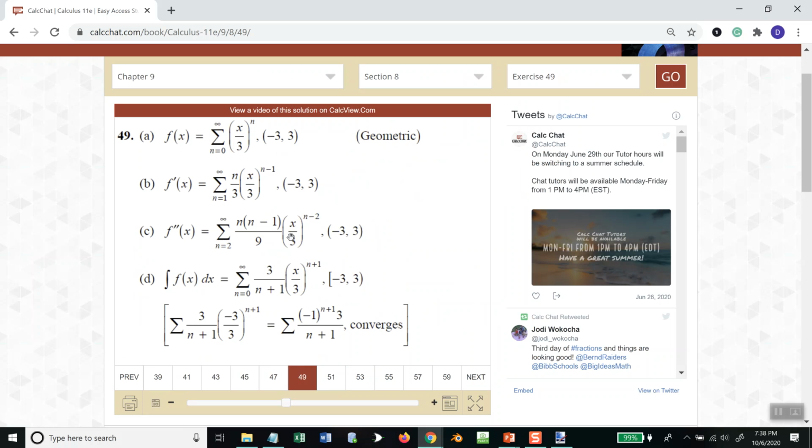49 is almost too easy to show. You see for the derivative, they take the power, put it out in front, and then they lower it by 1. Now this has got an extra 3 here, though. Where's that come from? The derivative, yeah, what's inside the parentheses. That's a chain rule.